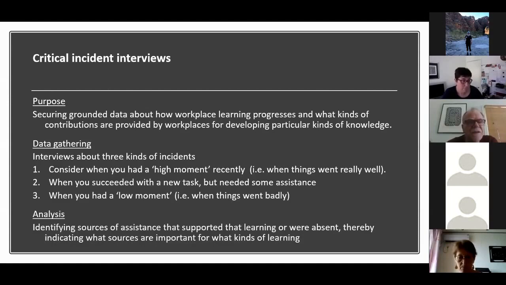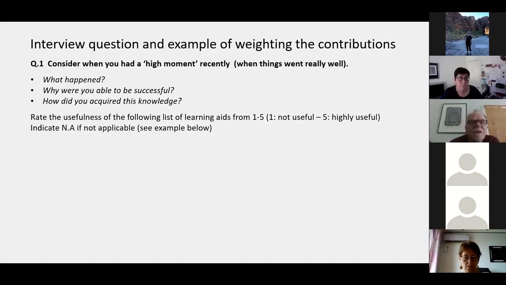And so the analysis was identifying sources of support that were there, absent or needed more of, that were supportive of that learning. I also did analysis of different kinds of learning as well, but I won't refer to that here.